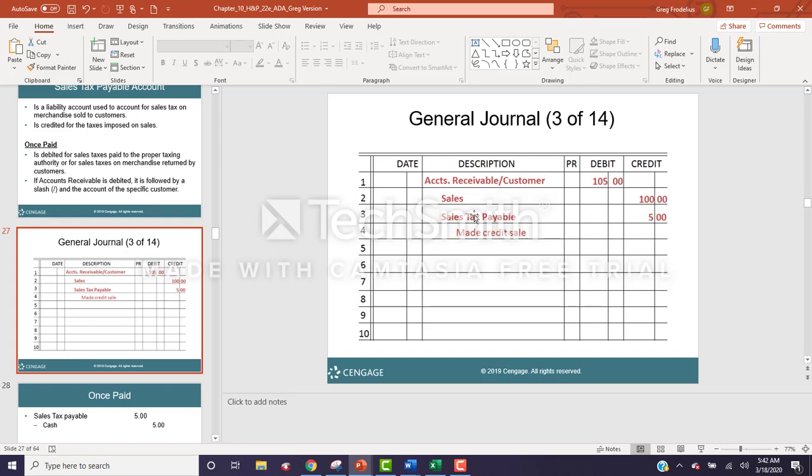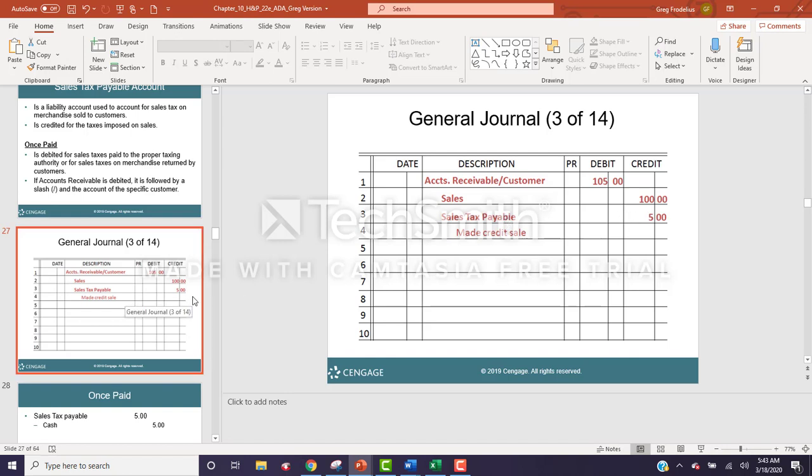In this case, the normal balance of an asset is a debit. That makes sense, but it does go both ways, but we are putting it on account. The normal balance of revenue is a credit, and the normal balance of a liability is a credit.